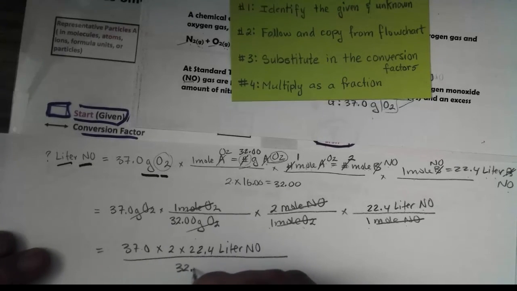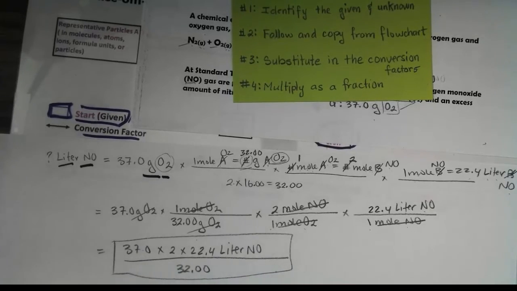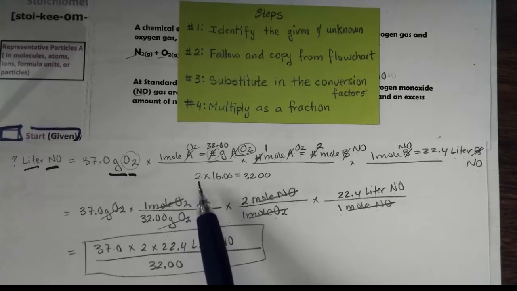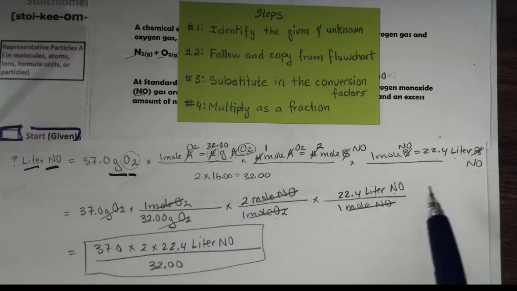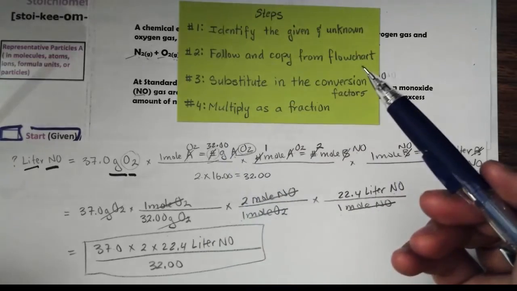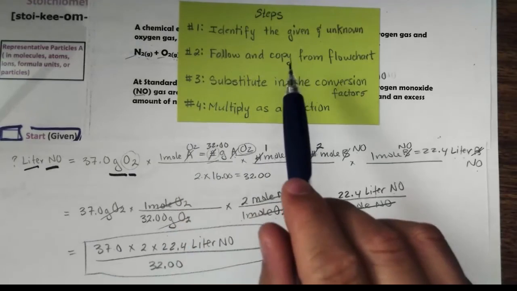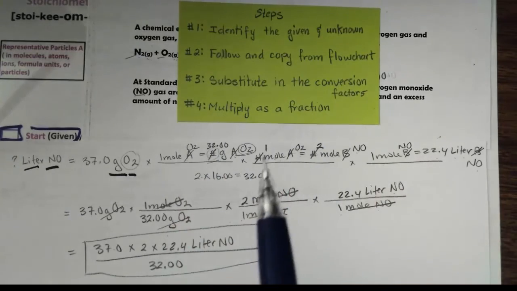So we have 32.00. This is our answer. If we look at the solution, we notice it has many conversion factors involved. However, if we follow all of these steps, it is extremely easy. The most important step is step number 2. You follow and copy the flowchart very carefully.